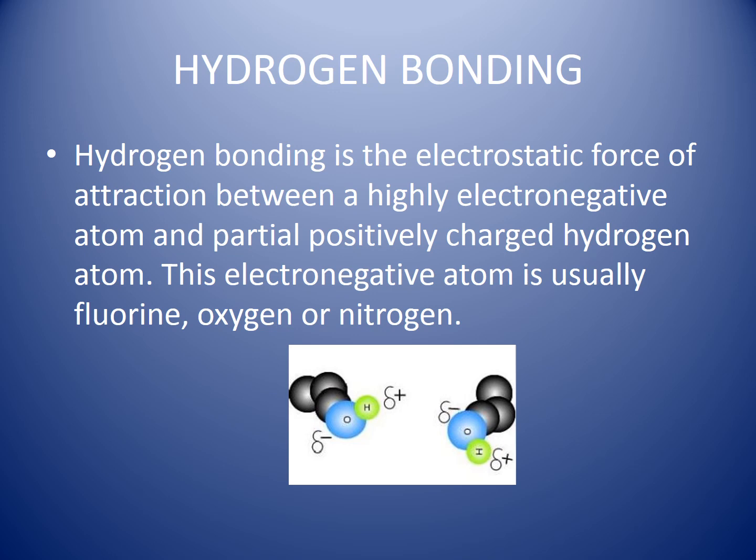The electronegative atom is usually fluorine, oxygen or nitrogen, which are present on the 5th, 6th and 7th A group of the periodic table. On the top of these 3 groups, these have some exceptional behavior and have some special nature.